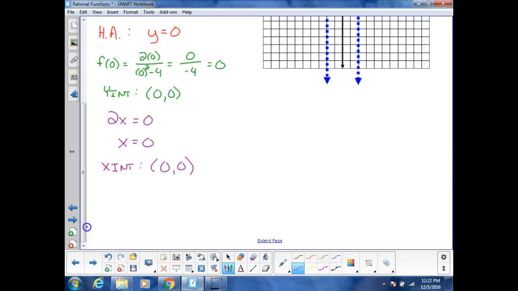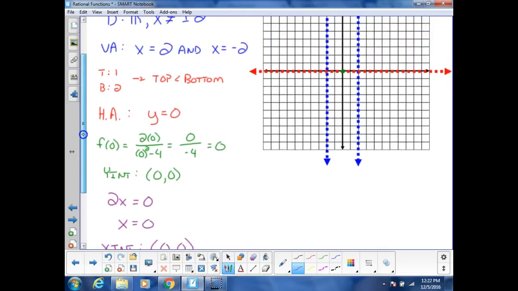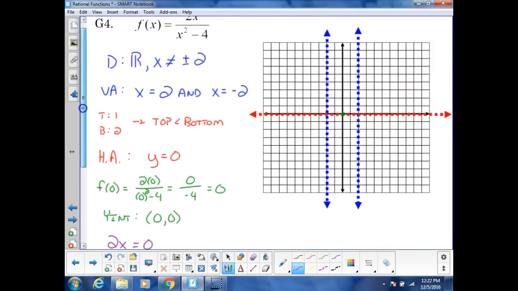Is it a double root? No, because this is just a singleton, right? 2x is a singleton, so it's not a double root, so it actually will physically cross at the origin. It won't kiss. Okay? All right?